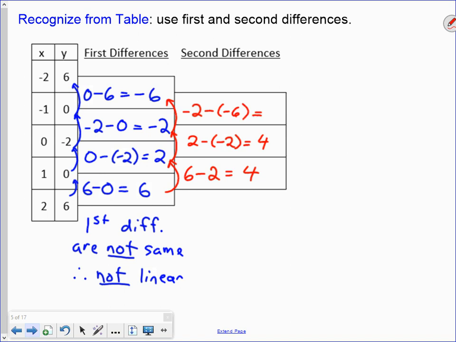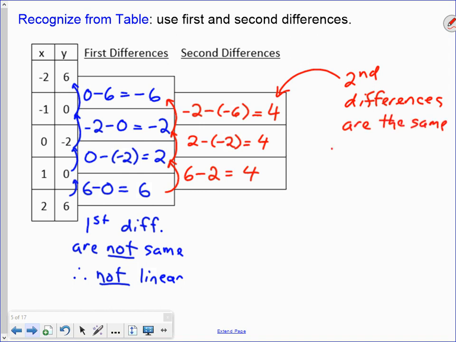That's like negative 2 plus 6. That is 4. So what I notice here is that my second differences are the same. Therefore, this is a quadratic relation.